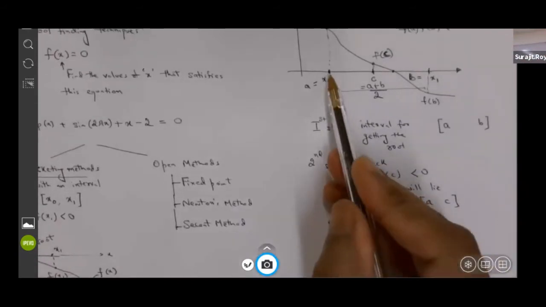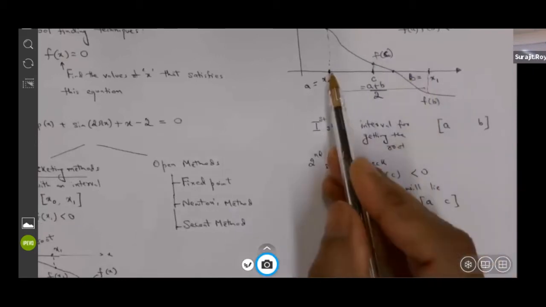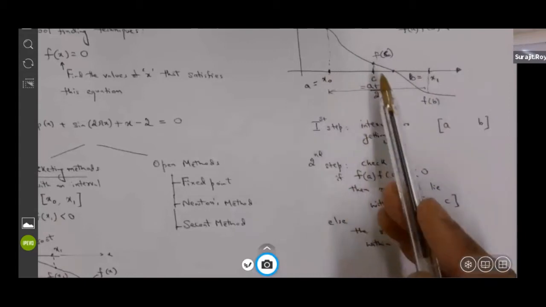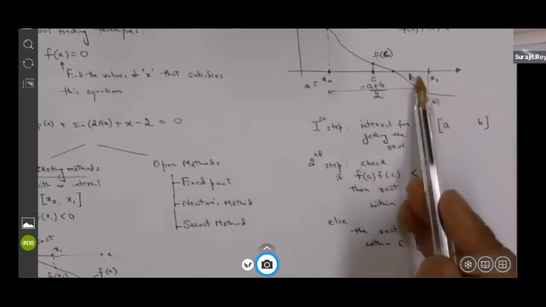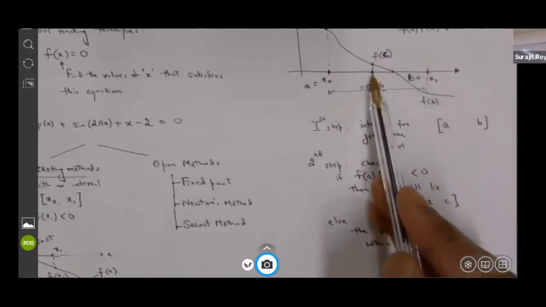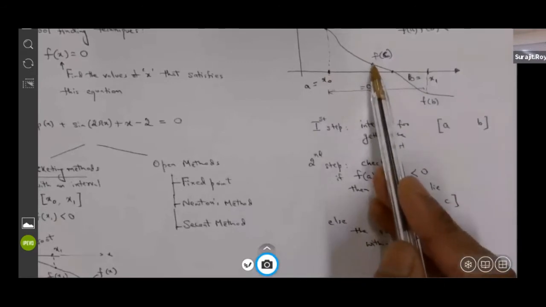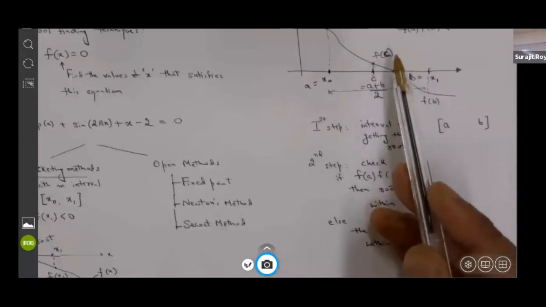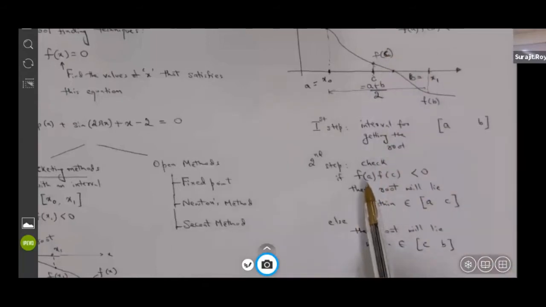So you are basically starting with this interval A and B, and then at the second step, you bisect this interval, or find the midpoint, which is C, and find the function value at point C, which is f of C. Then you check whether fa times fc is less than 0.